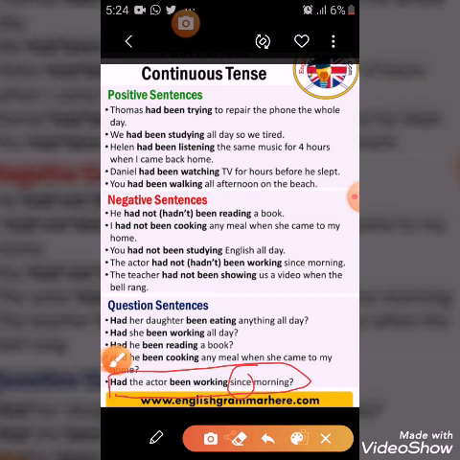For example, I've been studying since morning, or I've been teaching in this school since 2015 or 2014. And I've been teaching for 5 years, for 5 years, since 2015, right? This is how we can use since and for in this past perfect continuous tense to form a sentence.